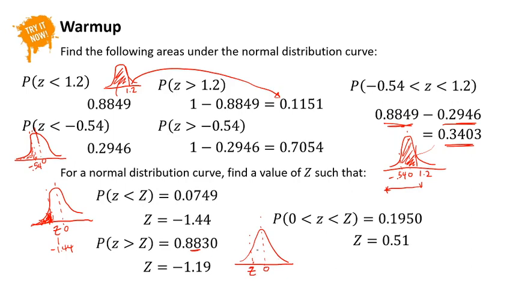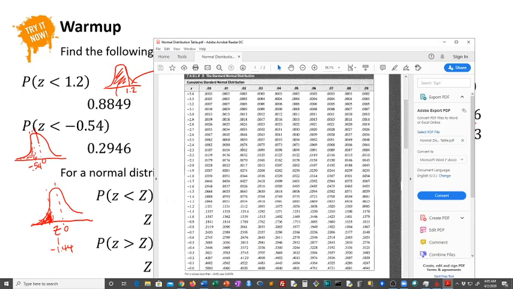So if this here is the area on this side of z, then what's the area on this side of z, this opposite side? Well, this is going to be 1 minus 0.883, or 0.117. That's the area I have to look up on the table here to find out where z is.